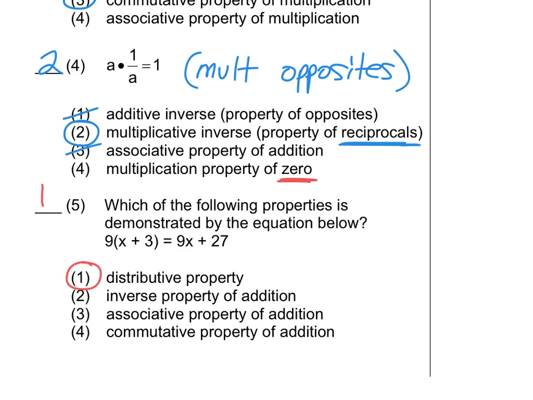Distributive property was the first choice. I guess we could have got to associative property, but we never really got there before we settled on distributive, because each one of these terms in the binomial got the 9 through multiplication. They were each distributed a 9, so there's no reason to think it's anything else.